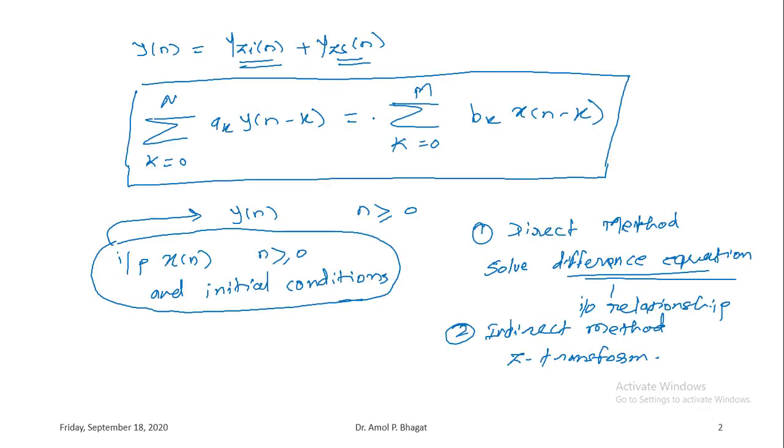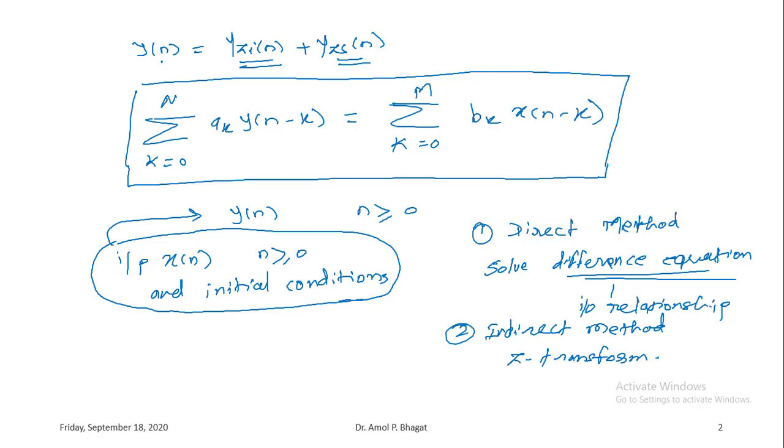In the direct method, we are identifying the total solution of the given difference equation, and the total solution is the sum of two parts. So the total solution is given as y of n equals yh of n plus yp of n. It consists of two parts: the first part is called the homogeneous solution, the second part is called the particular solution.